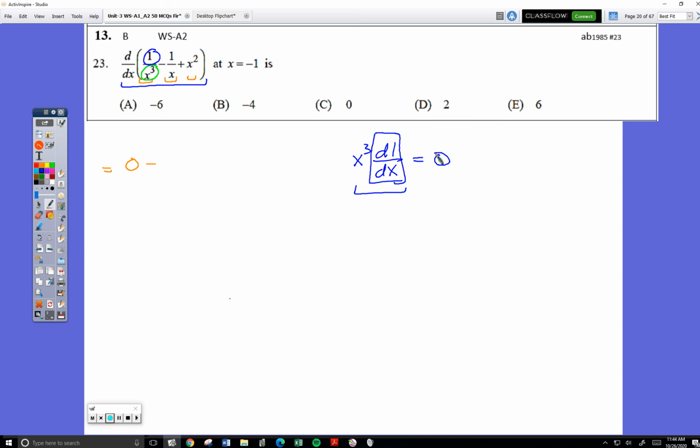Good? Just wave at me again if I'm not showing enough detail. Okay? So, minus, now I take the top, 1, multiplied by ddx of the bottom.